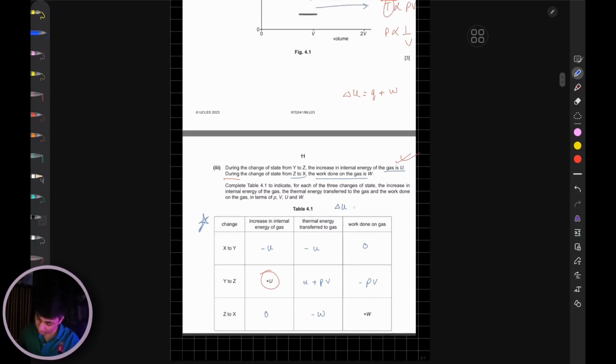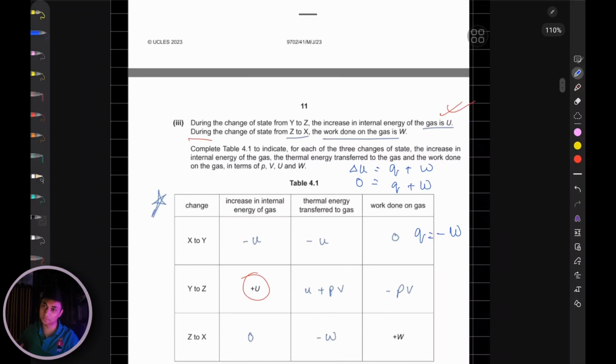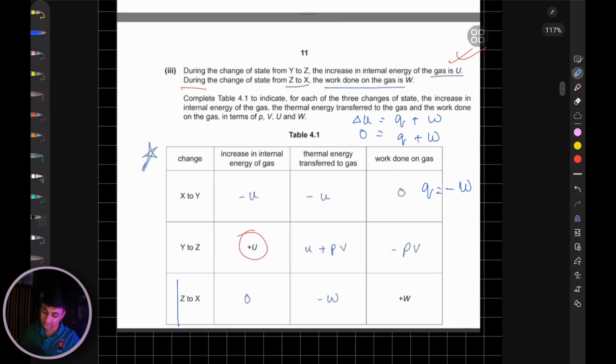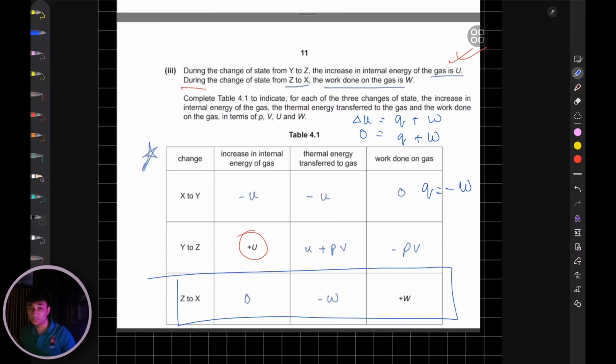So del U is equal to Q plus W. Since my change in internal energy is 0, Q I don't know, I know the W, the work done, which they've given is positive W. So I can say my Q is going to be minus W. So make Q the subject, and you're going to see that the thermal energy transferred to the system is minus W. Great. So you've finished this row.